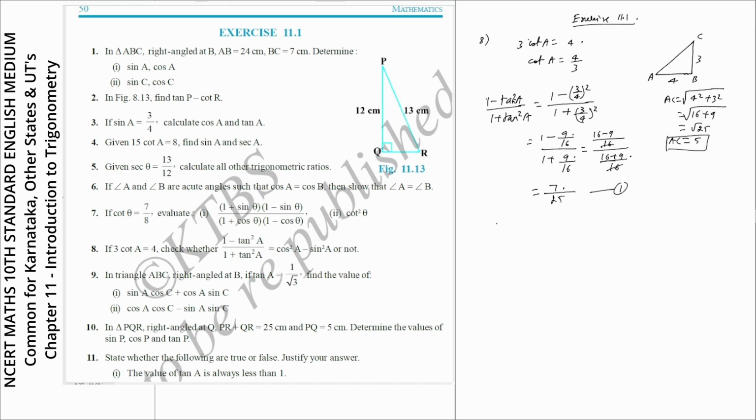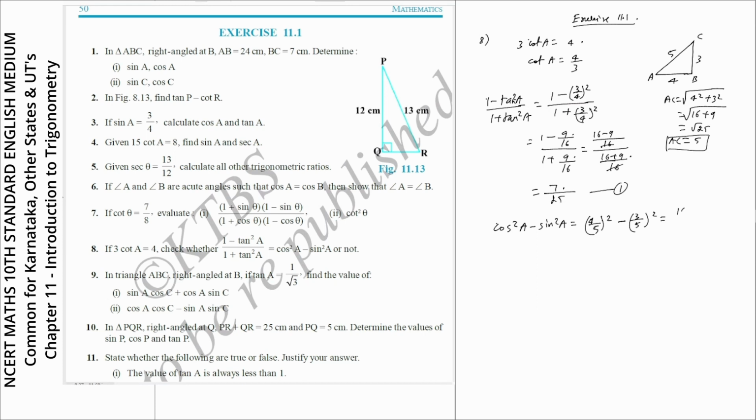Now I'll check what is cos square A minus sin square A. Cos square A is adjacent by hypotenuse, that is 4 by 5 the whole square, AC I got as 5, minus sin square is opposite by hypotenuse, 3 by 5 the whole square.